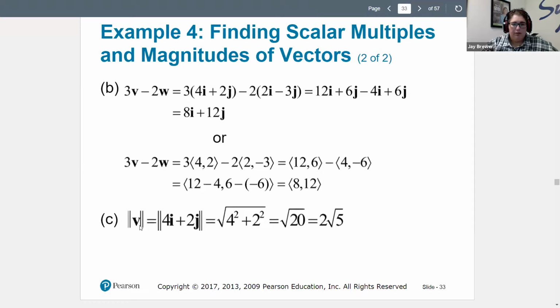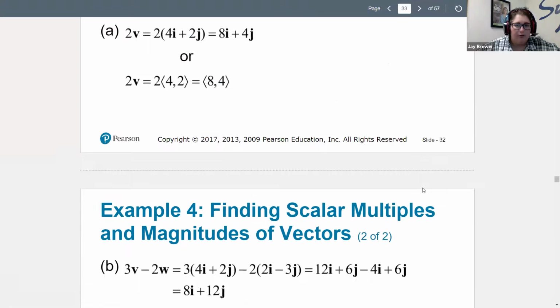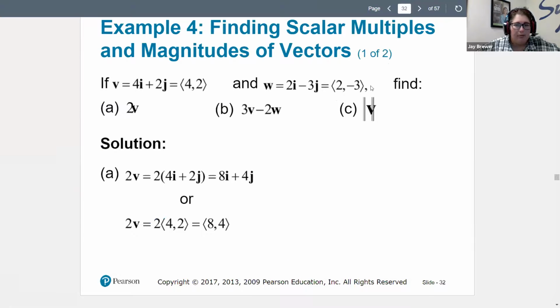All right, so the magnitude of v, we have to find the square root of basically your i unit squared and your j unit squared. So for the magnitude of v, it would just be 2 square root of 5. But if we go back and do the magnitude of w, what would it be?